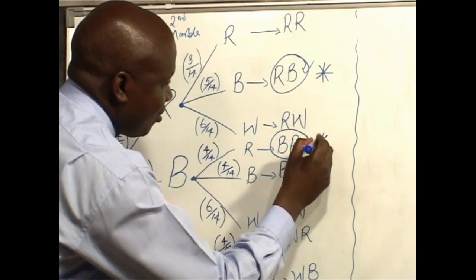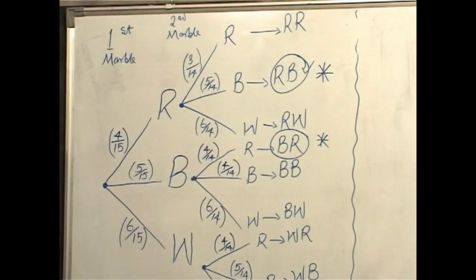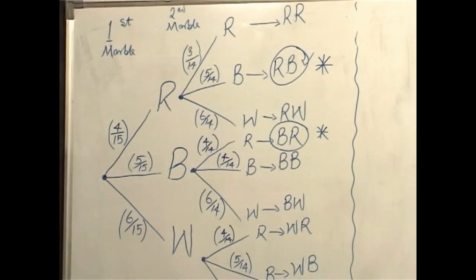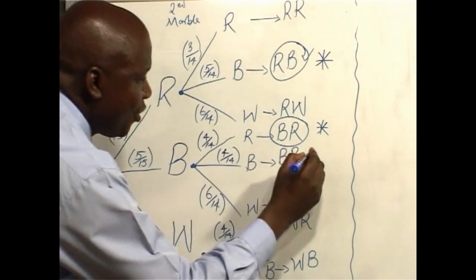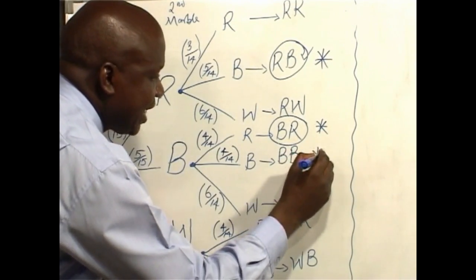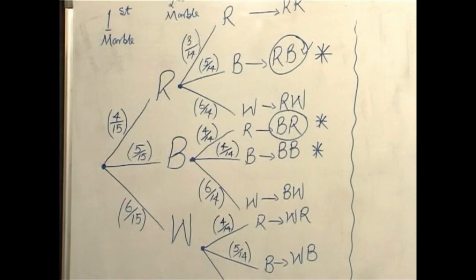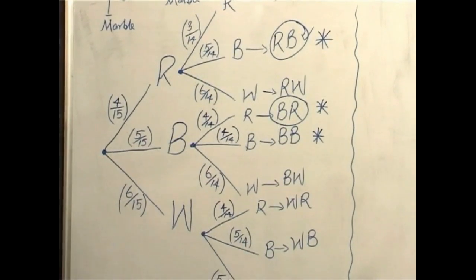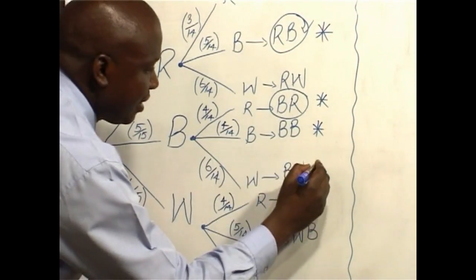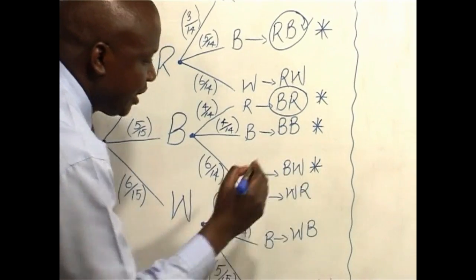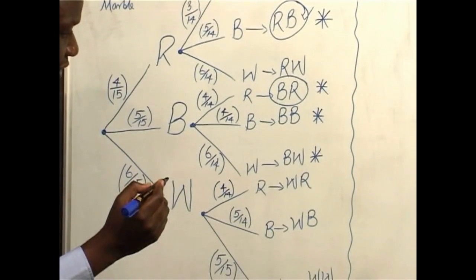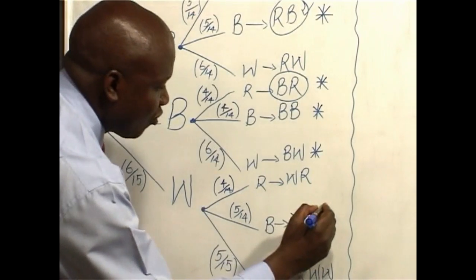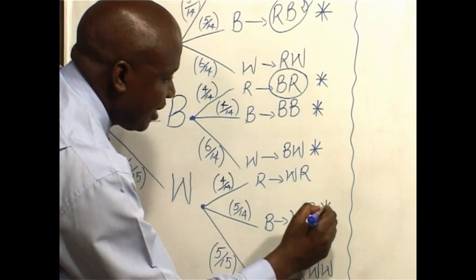This one also is where one of the marbles is black. Even where there are two, it means at least one marble is black. Then this combination also talks about at least one of them is black. And of course, this one here.